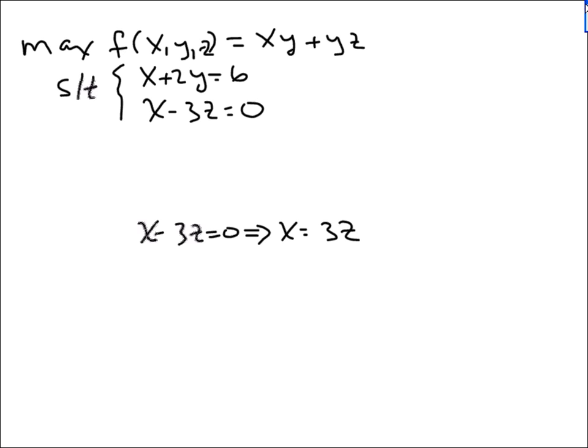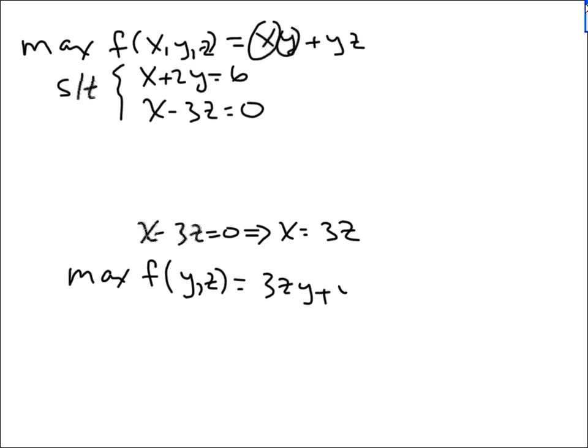So I can instead solve this problem. I want to maximize f of y, z equal to 3z, that's x, times y, 3zy plus yz, subject to the constraint that x plus 2y is 6.